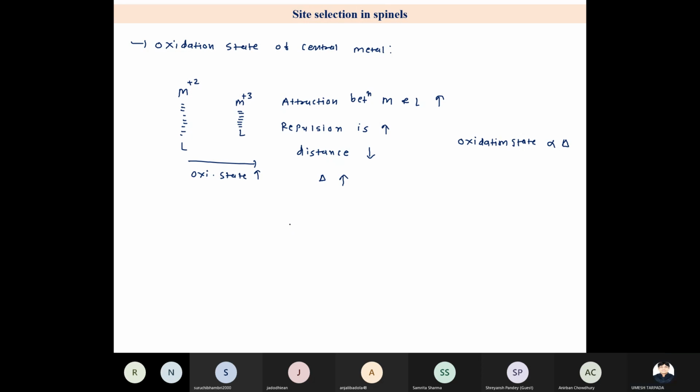Okay, then see, after that nature of metal, then third one is number of d electrons. Third one is oxidation state of metal, then number of d electrons. Electrons which are there in d orbital.